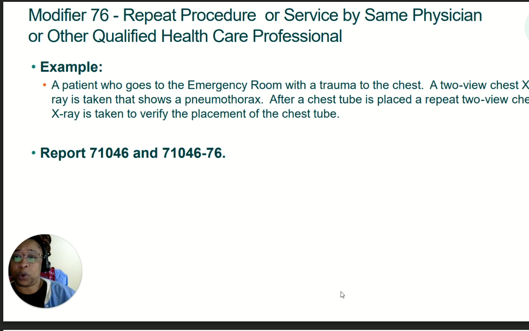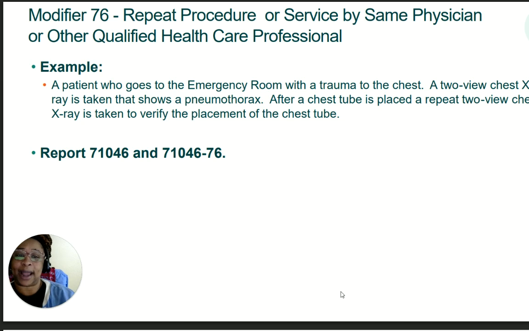76 modifier, repeat procedure or service by the same physician or qualified professional. Example, a patient goes to the emergency room for trauma to the chest, a 2-view chest x-ray is taken, then shows a pneumothorax. After a chest tube is placed, a repeat 2-view x-ray is taken to verify the placement of the chest tube.